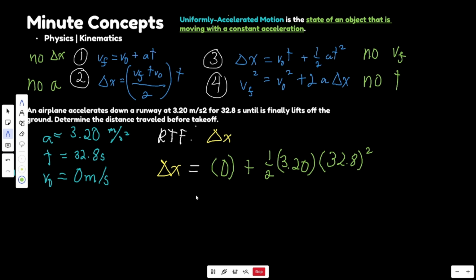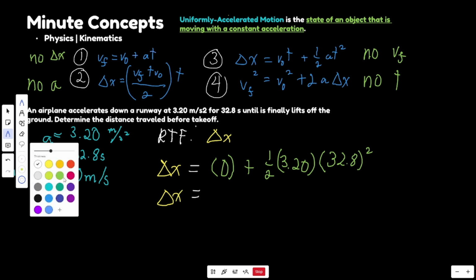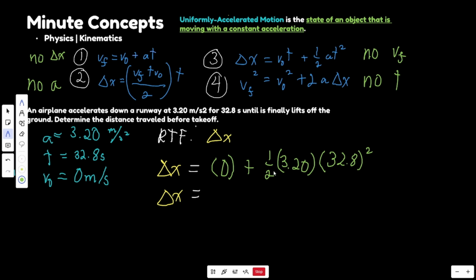So we can simplify the equation from here. We can get delta x is equal to 3.20 divided by 2 is just 1.6 times 32.8 squared.